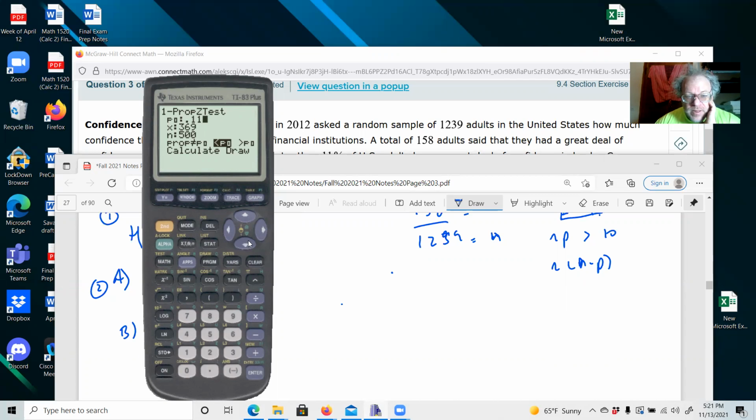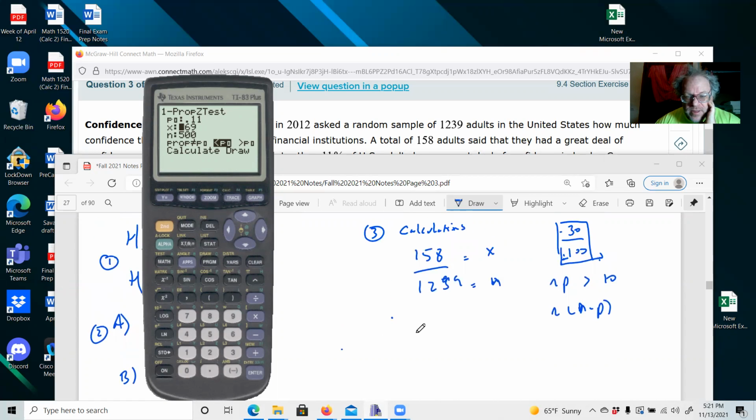All right, x, that's 158. My n is 1,239. And it's the right side of the curve. We want more people who are excited about the economy or confident in the economy.